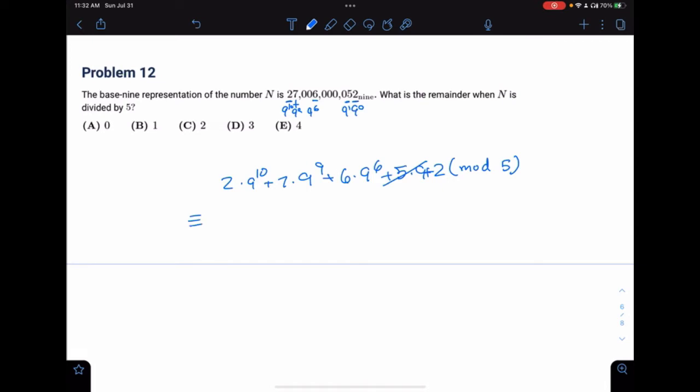So this will be congruent to 2 times negative 1 to the power of 10, plus 7 times negative 1 to the power of 9, plus 6 times negative 1 to the power of 6, plus 2. So then we can just calculate this, and this will be 2 minus 7 plus 6 plus 2. If we calculate this out, we'll have this congruent to 3 mod 5. So our answer will be D, 3.